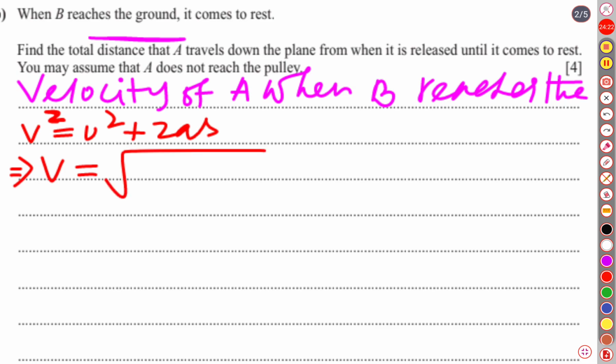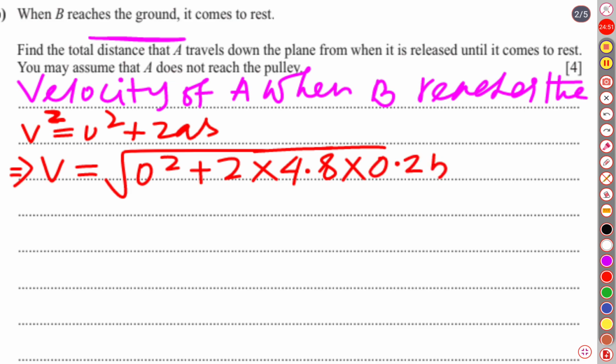So 0 squared plus 2 times the acceleration, which we have already found to be 4.8 meters per second squared, times the distance. Each particle traveled 0.25 meter.